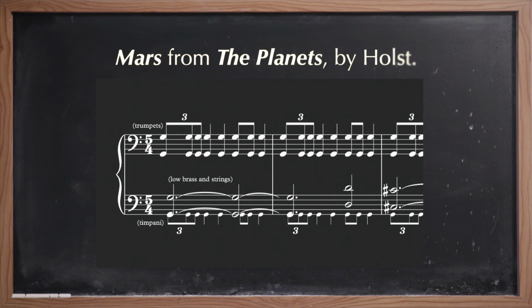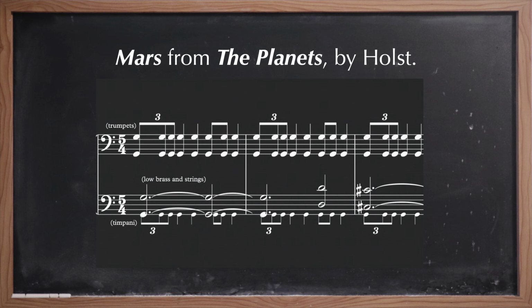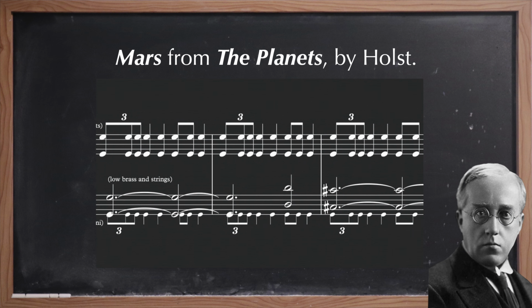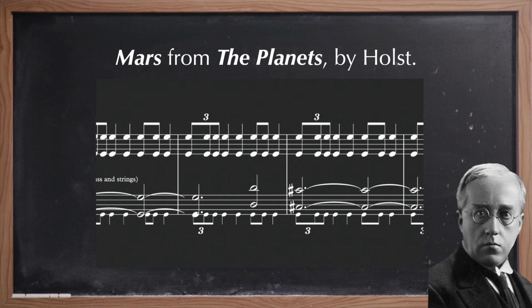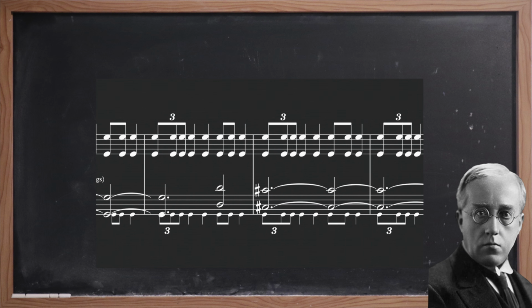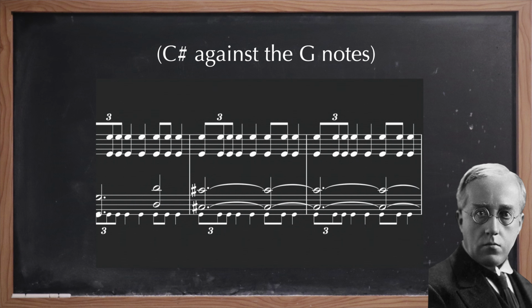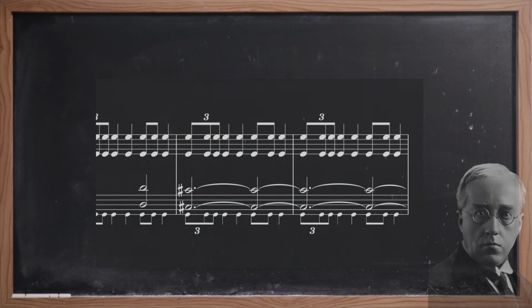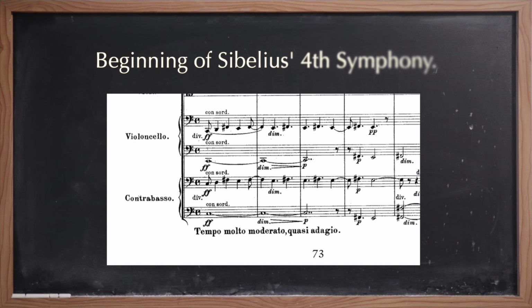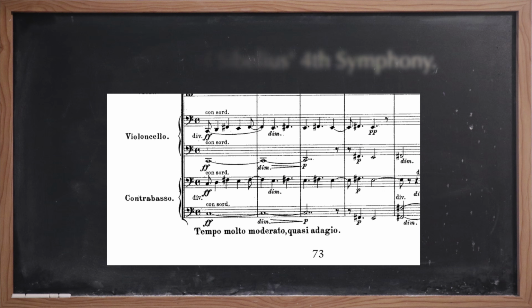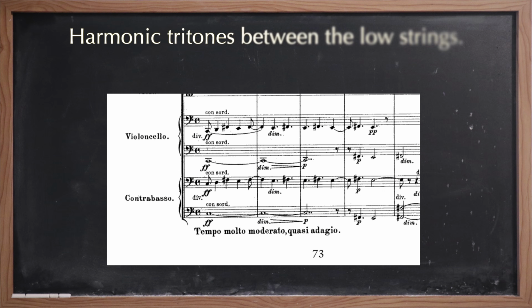The first movement from The Planets by Holst has repeated harmonic tritones. This is the very beginning of Sibelius's Fourth Symphony, which has repeated harmonic tritones.